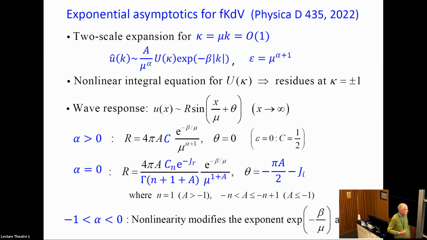There's some factors here, like the gamma function and so on. Most importantly is that the power in mu, which is alpha plus 1, when alpha is equal to 0, linear theory says it's 1 over mu. Well, the amplitude of the forcing comes here. So this controls, and the phase also is modified.